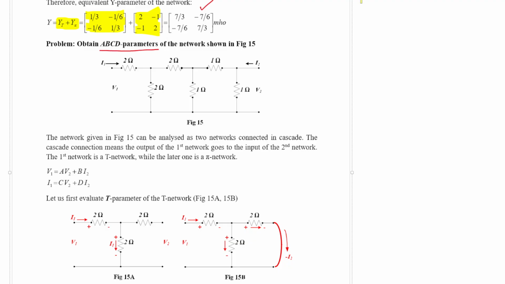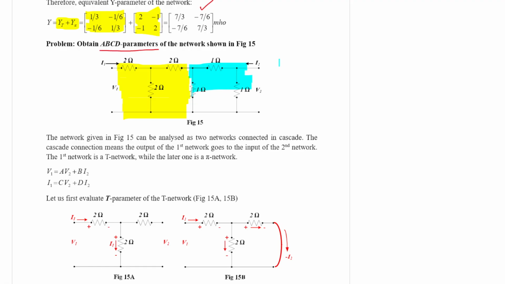If you consider this part only, it represents a T network. Moving on, if you consider this part, it represents a pi network.